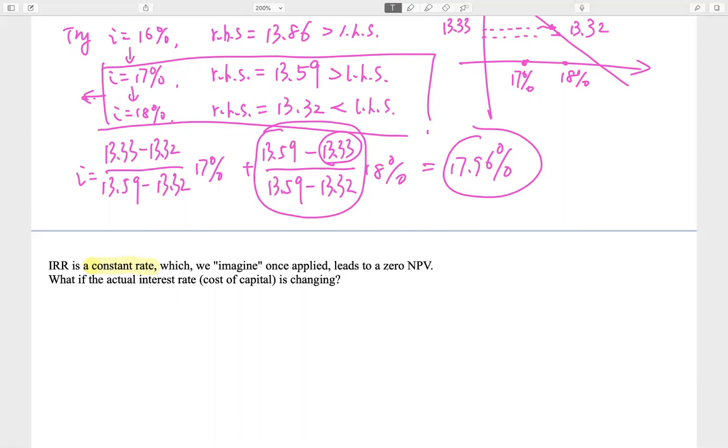Right? Let's say right now the cost of capital is probably low, right? Because the interest rate is low, it's close to zero. But maybe in a few years, the interest rate will go back to its relatively normal stage, right? Then what would you do, right? Let's say you are looking at a project that just spans 20 years, right?